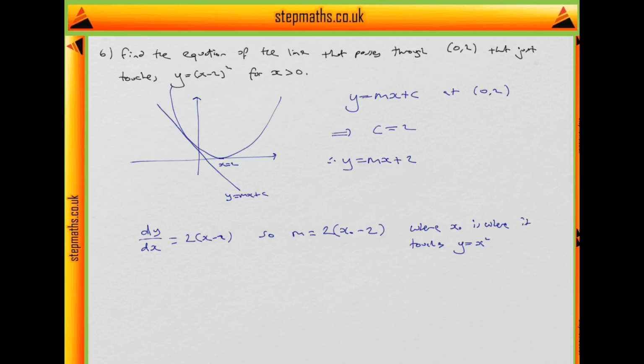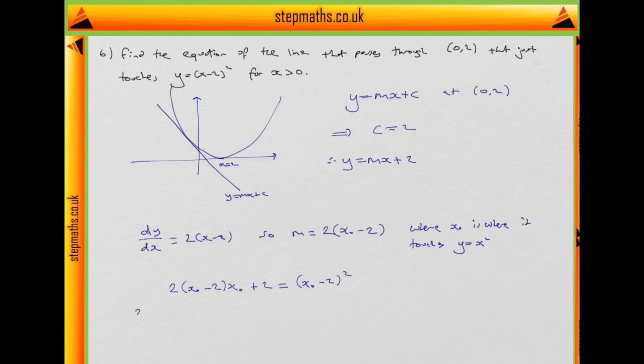Plugging this in, we get 2(x naught minus 2) x naught plus 2 equals (x naught minus 2) squared. Just to clarify, this is equating the y value of the curve at the point of intersection, which we're calling x naught, and the y value of the line at that point, replacing our gradient m with the gradient of the curve at this point.